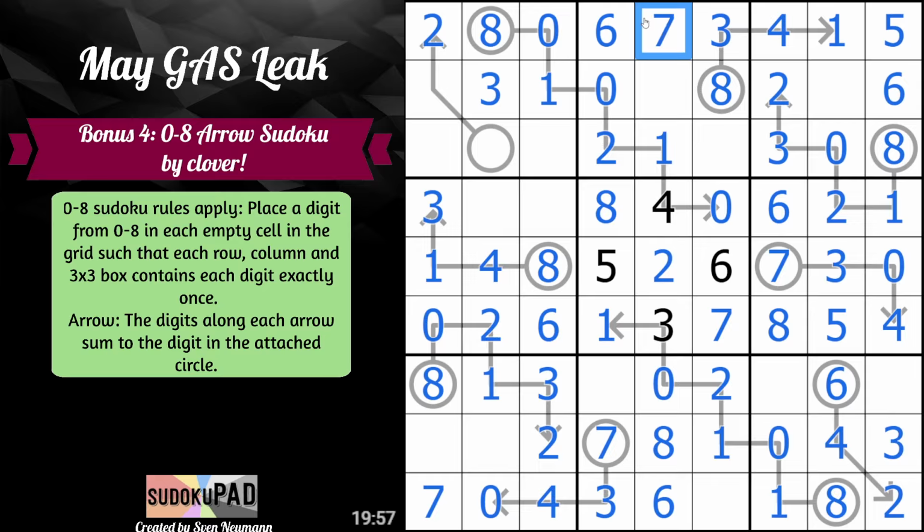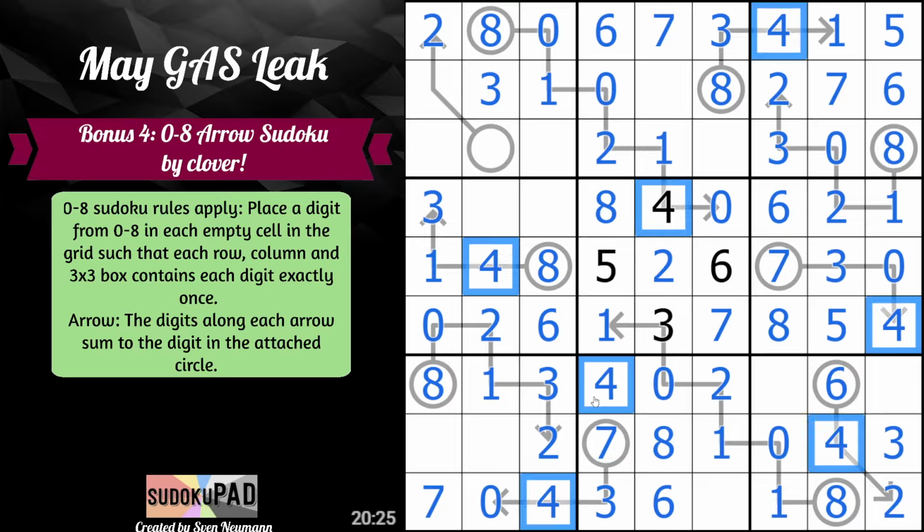This will be 7. Five, 4, 4, 6, 5, 7. 5. This is going to be 4 here. 4, 4.